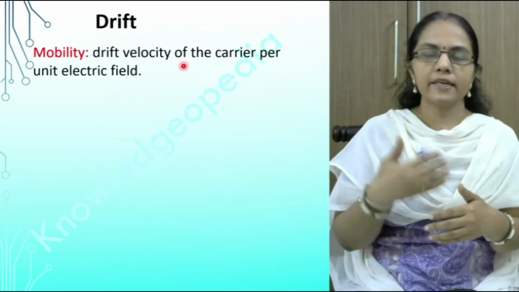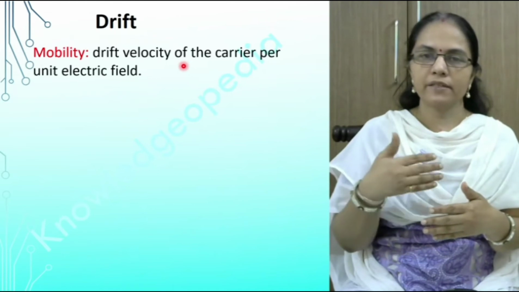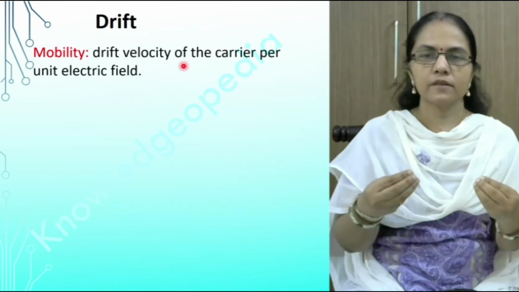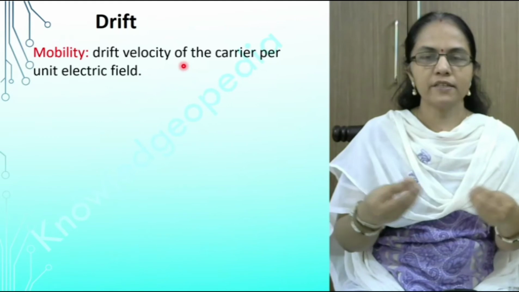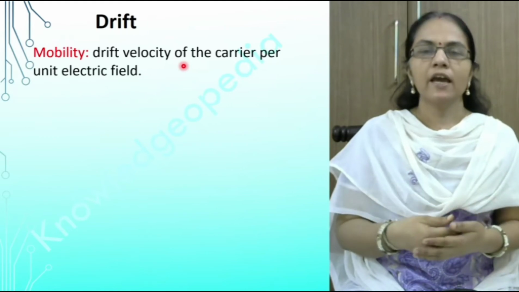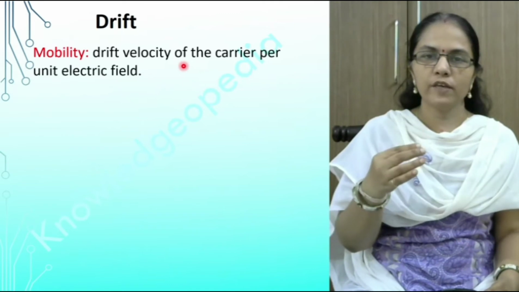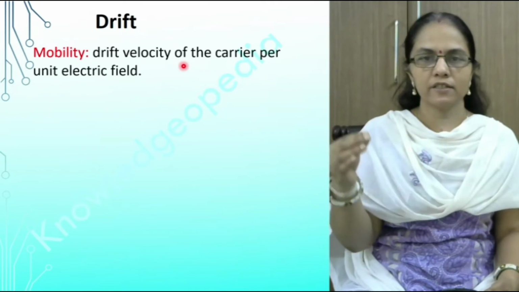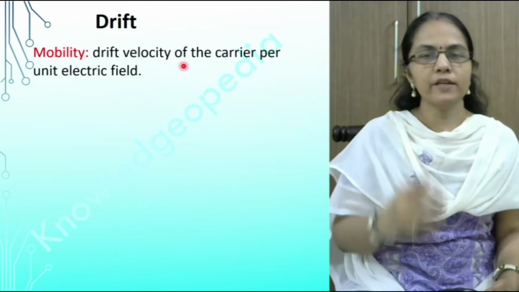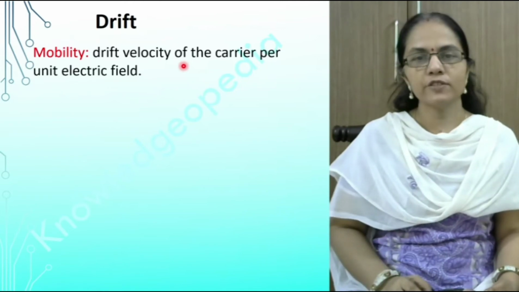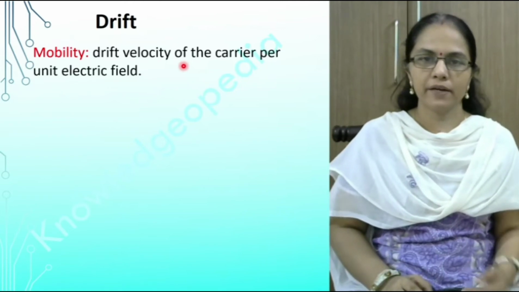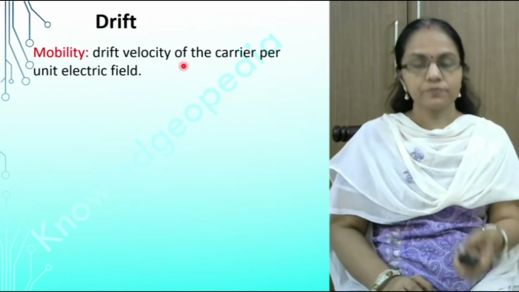We know that the carriers are being drifted by the applied electric field. When they are drifted, they are moving with a certain velocity, and if they are acquiring a velocity of amount v when we are applying an electric field E, then the mobility is given as velocity per unit applied electric field.